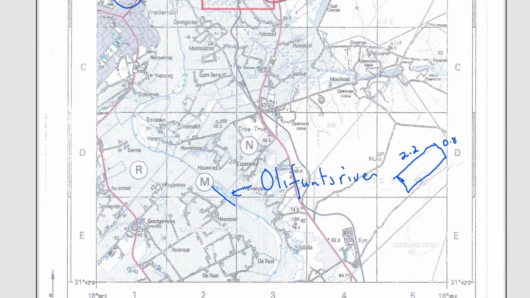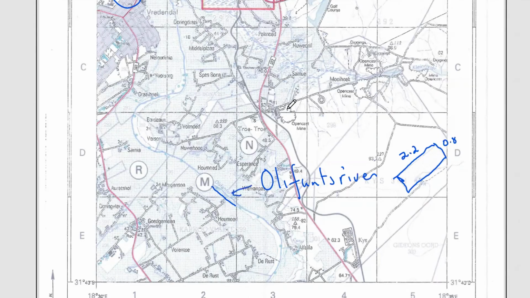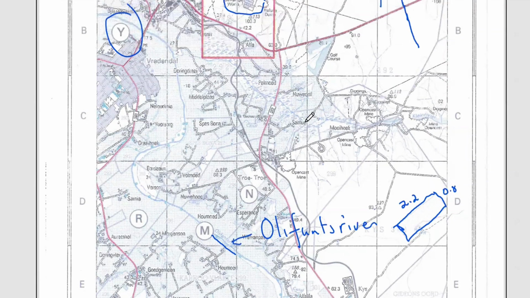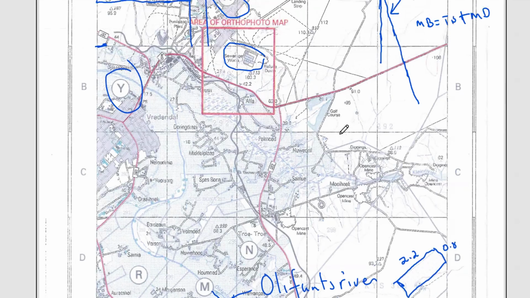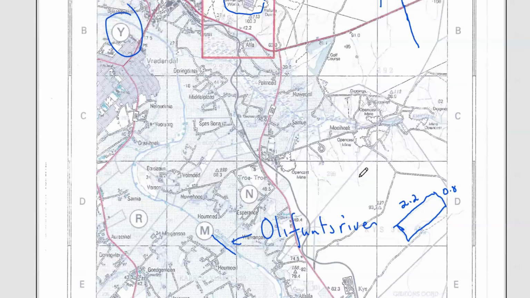And the next question is saying, why is the river at M called perennial? If we check the nature of the rivers on the map here, we have non-perennial and perennial rivers.